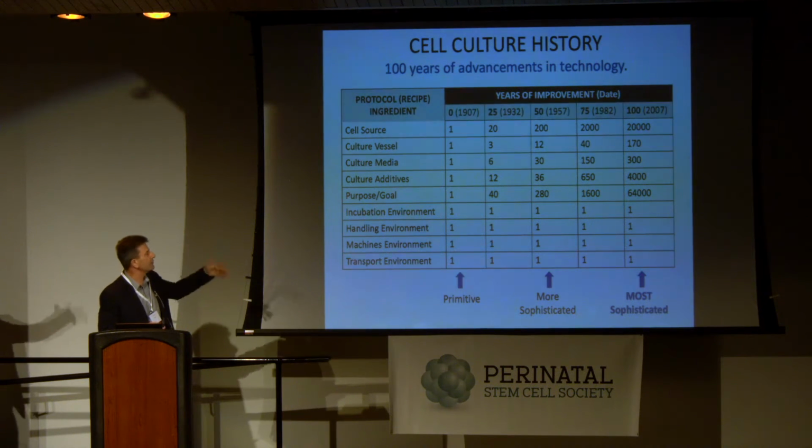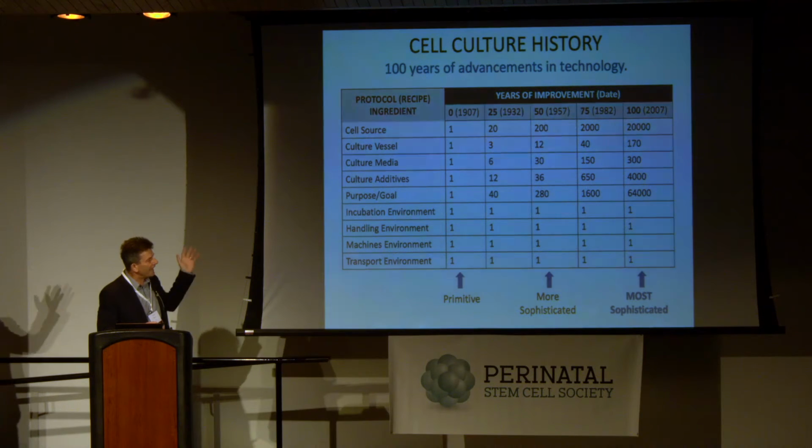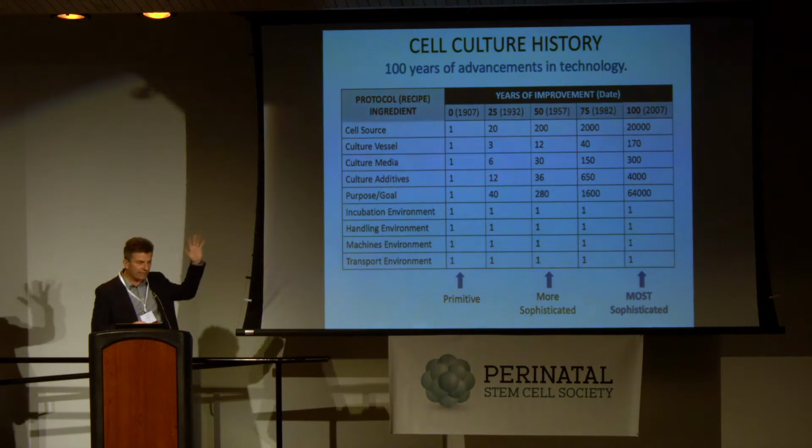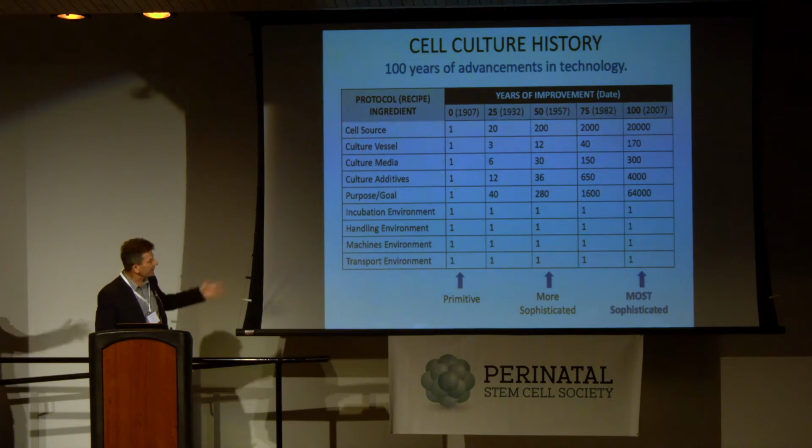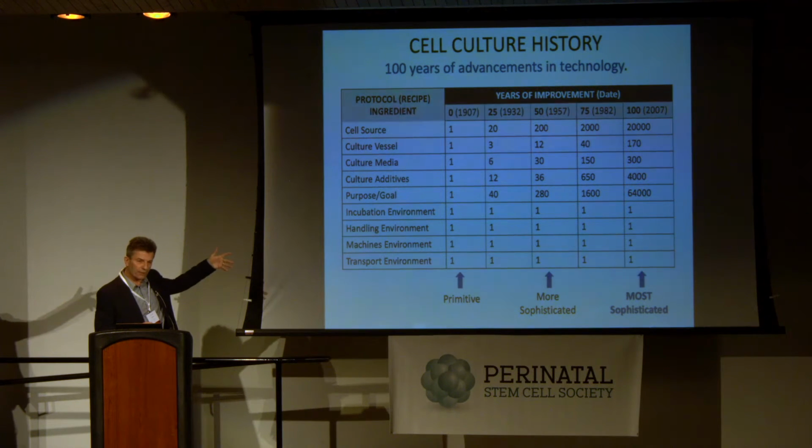There are all sorts of different culture medias and additives, and there have been a lot of advancements, and these advancements are occurring every day, all the time. But in the environment where we grow and handle and incubate cells, there's really been very little advancement.